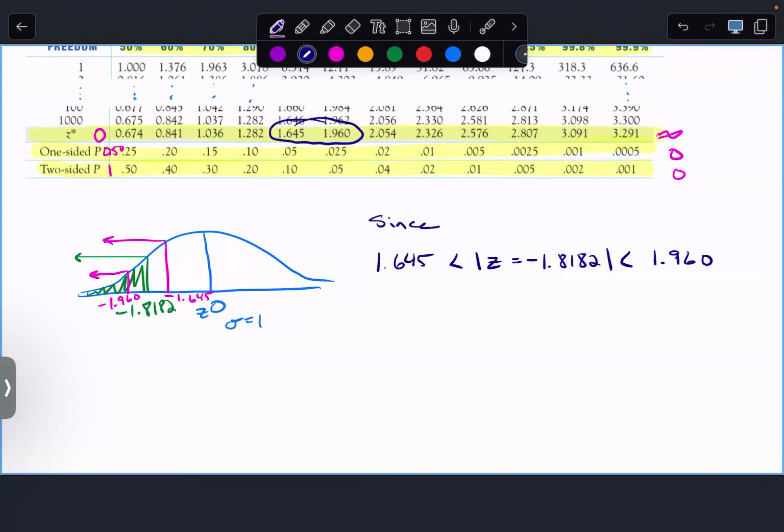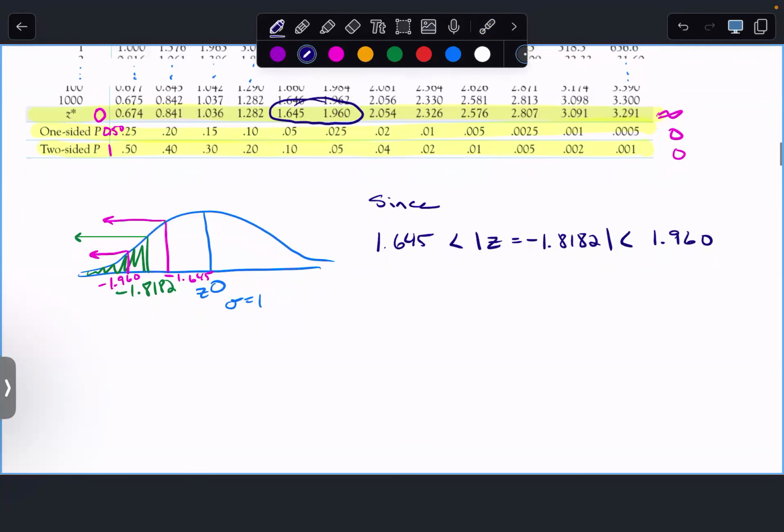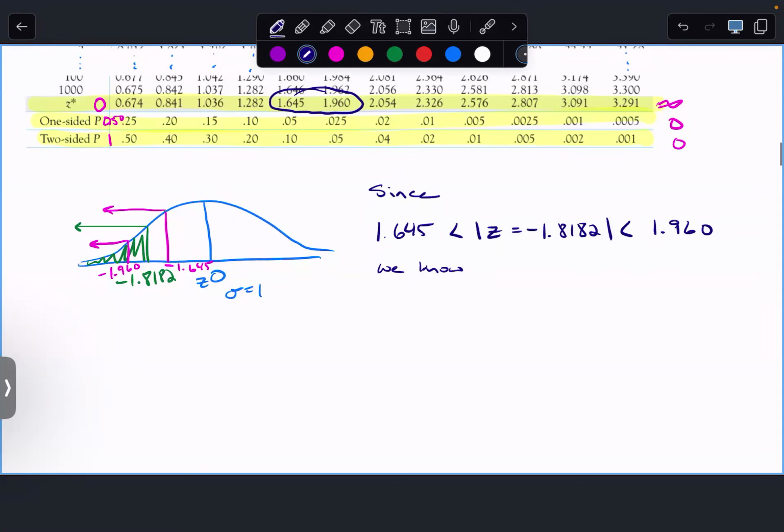And so how we're going to read this is that since Z is between 1.645 and 1.96, if I drop the negative, we know the probability, the one-sided P, and I do it like this because I don't want to have to think about the inequalities. Just list your smallest one to your biggest one.